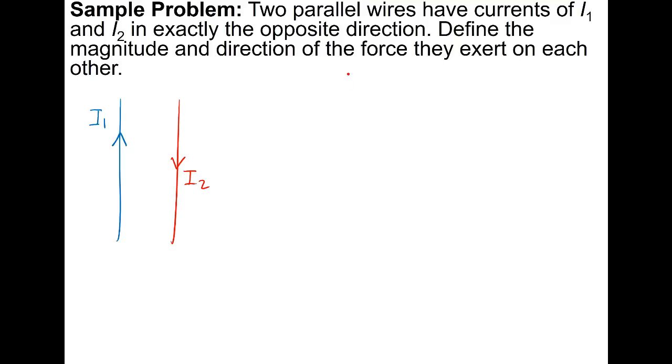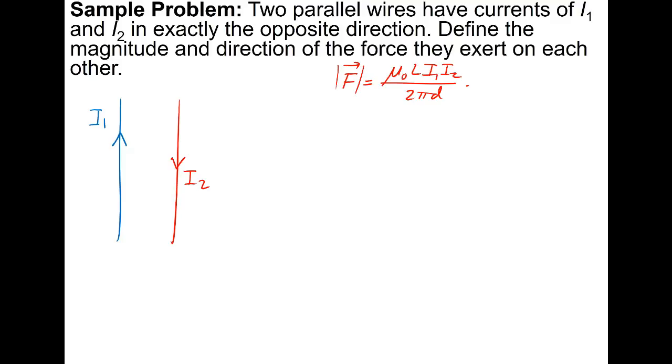Well, the magnitude is going to be the same, and it's going to be essentially mu naught L I1 I2 over 2 pi d. That's what we saw in the previous slide. So let's look, since we're on red, what's I2 doing at the position of I1? Well, now you have to point your thumb downwards because that's the direction of the current.